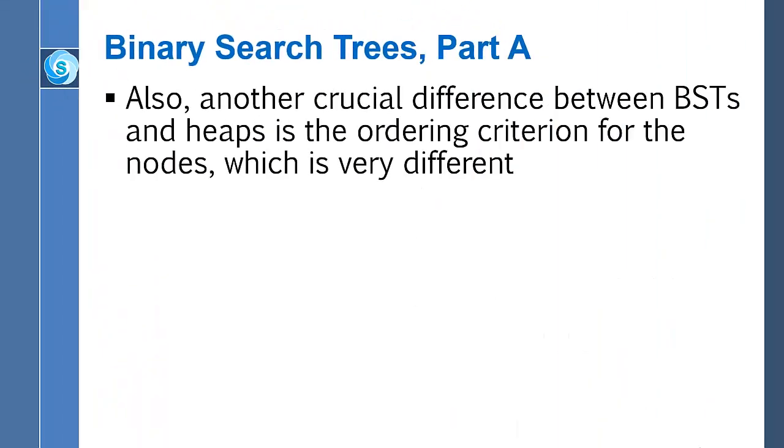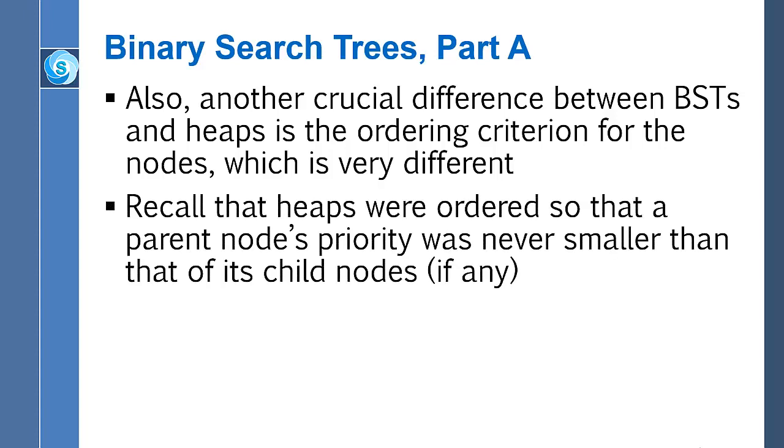We come now to another crucial difference between the binary search trees and the binary trees that we use for heaps. And that concerns the ordering of the data. How the data is ordered is very, very different. Okay? And while I don't really want to dwell on heaps, in a second we're going to forget all about heaps and never mention them again.